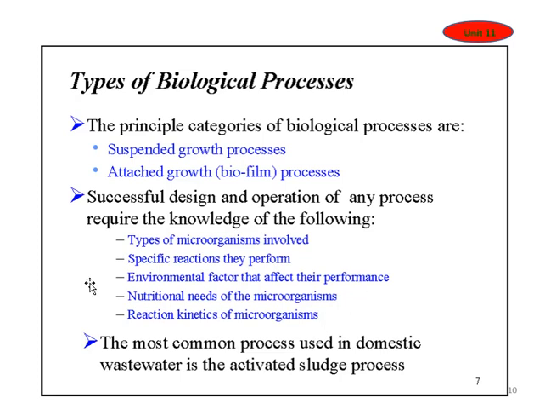So generally the design of this biological process needs some information: what type of microorganism is present in the wastewater, what are the different types of reaction that take place in the reactor, what is the effect of environmental parameters like temperature, effect of dissolved oxygen, how much waste material the microorganism can remove, reaction kinetics of the microorganism, that is, how fast the microorganism can work.